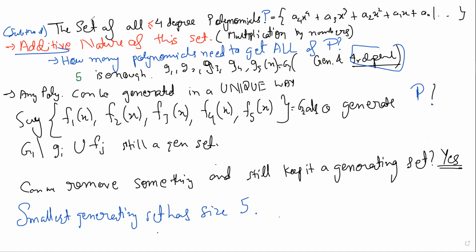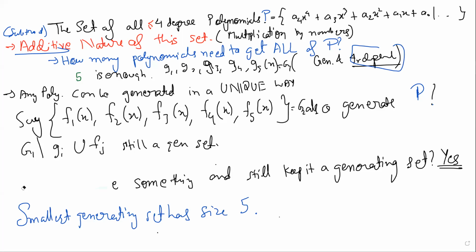Here also we just need to make sure that the polynomials you keep putting in the set don't have a relation among them. And then any 5 polynomials you take will do it.